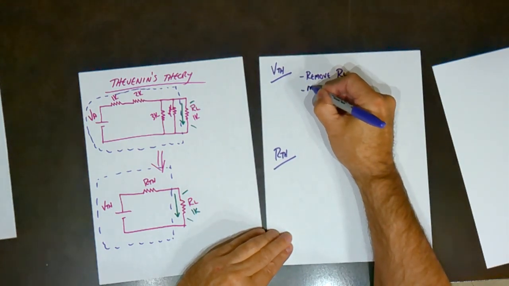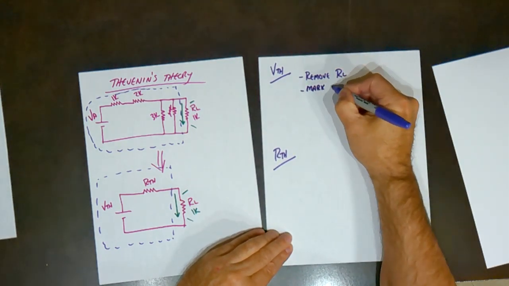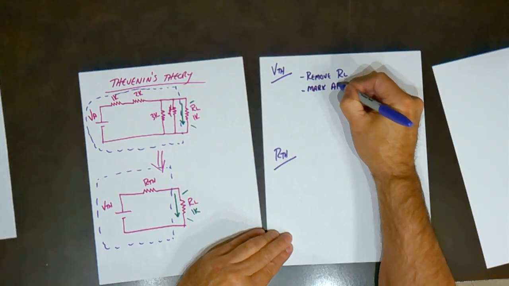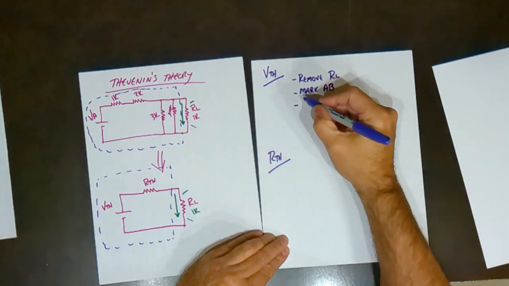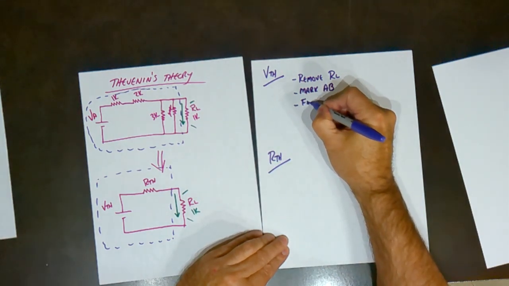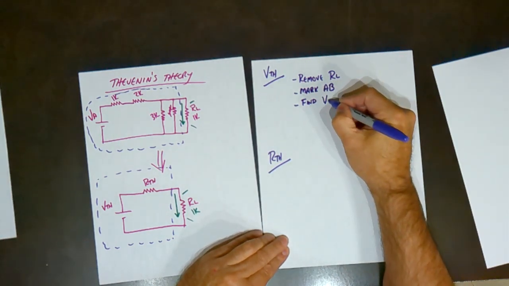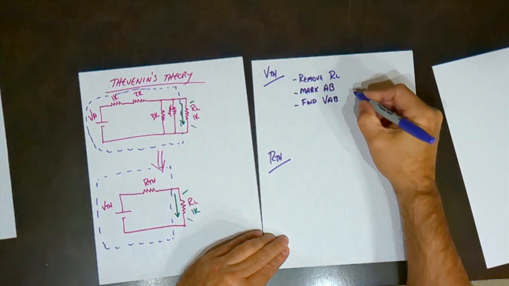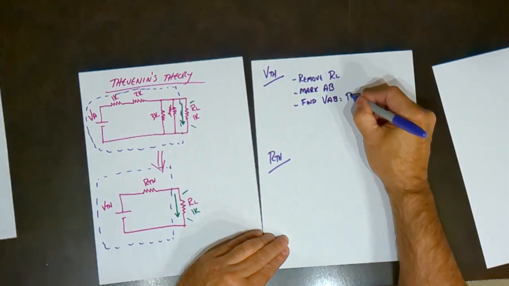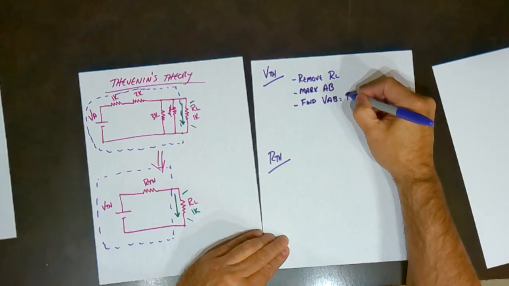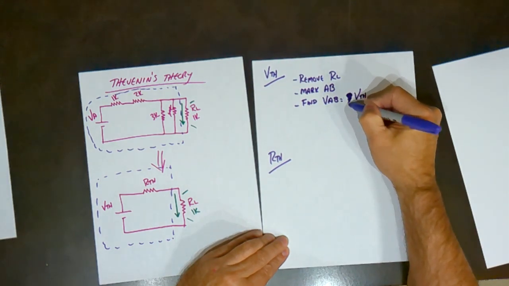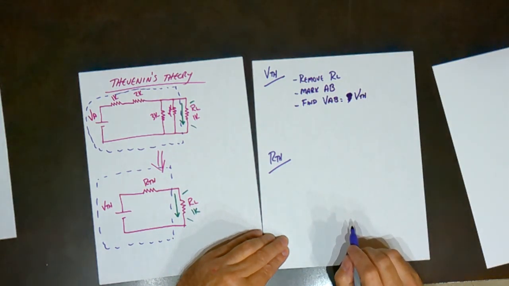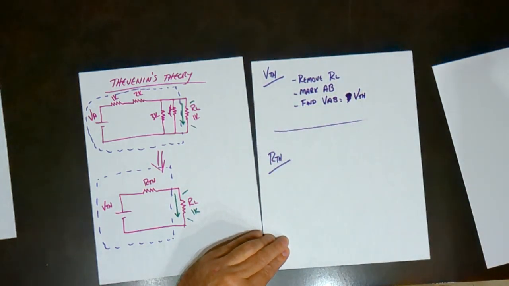We're going to mark it with reference points A and B. And then we find the voltage from A to B, and that voltage is Thevenin's voltage. And that's it.